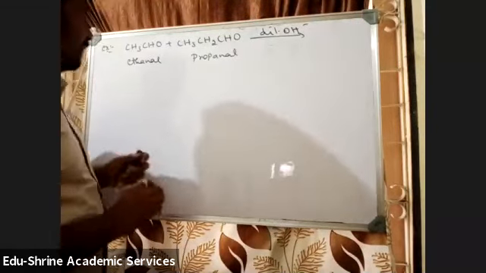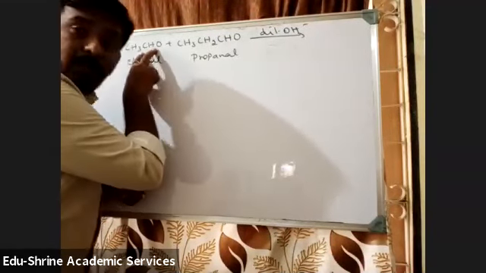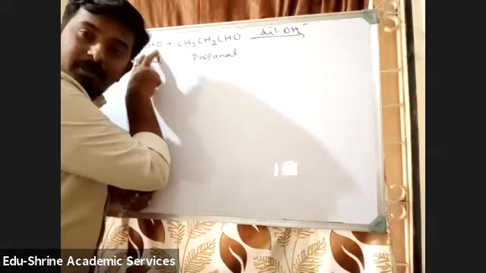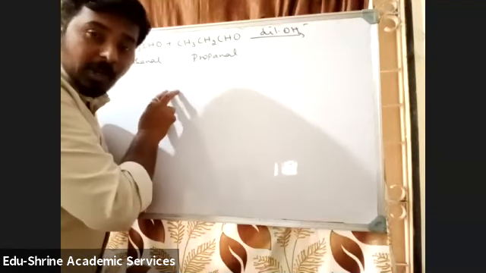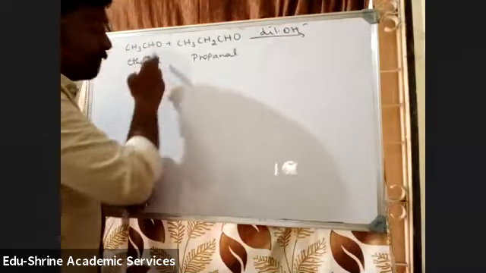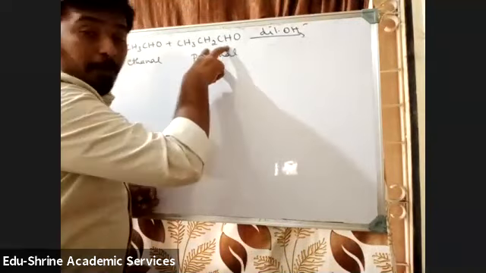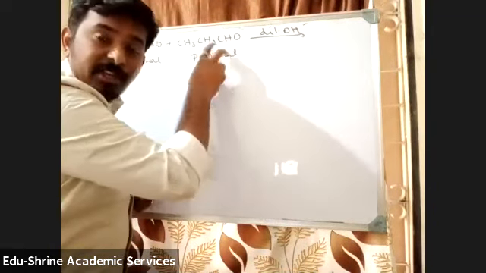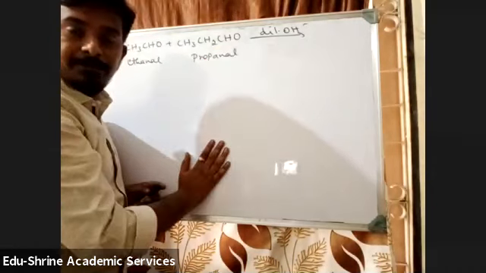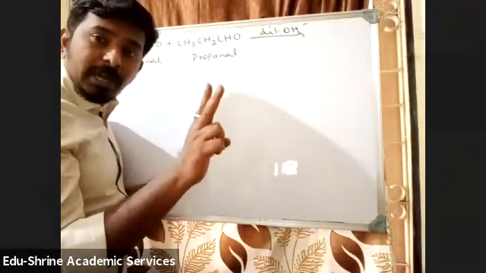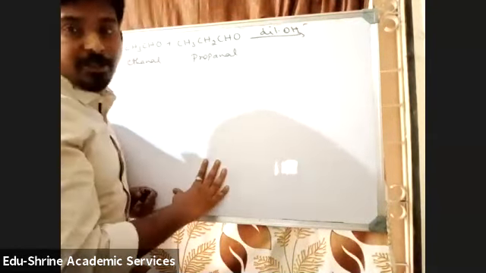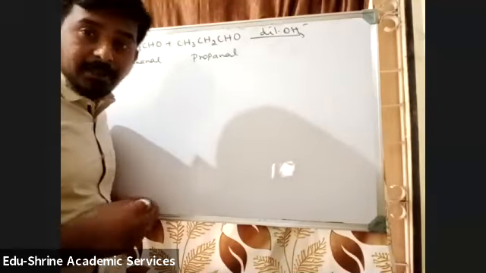First, there can be a reaction between two ethanal molecules undergoing self-aldol condensation like in the previous case, giving one product. Two propanal molecules can react with each other giving one product, and those two are through self-aldol condensation. Then there is a chance of getting another two products.